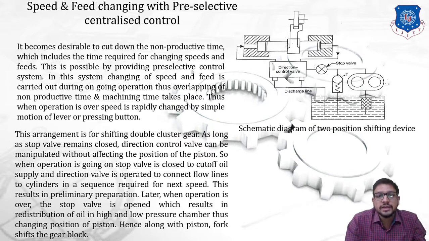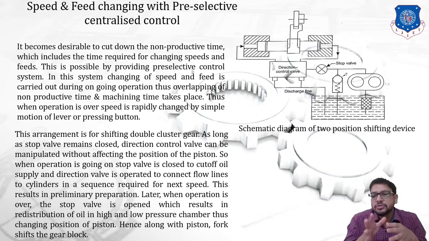Okay. Thus, we can say overlapping of non-productive time and machining time will take place, and this will save our time. Okay. So when an operation is over, speed is rapidly changed by just shifting the lever or by just giving a motion to a lever or pressing a button. Okay. Now let us understand this arrangement which is used for shifting double clutch gear.